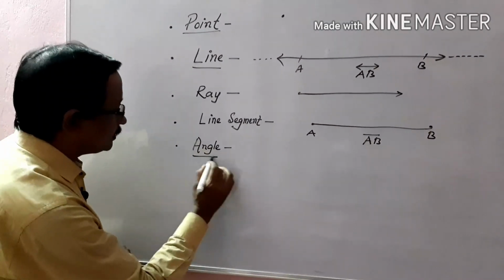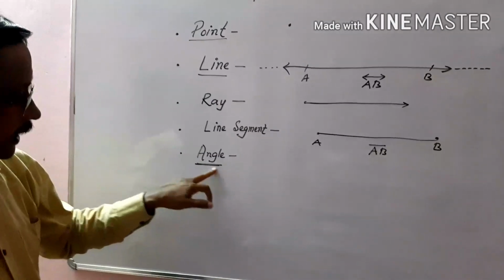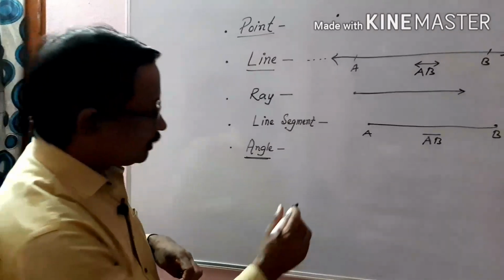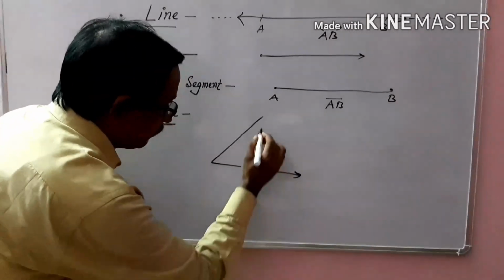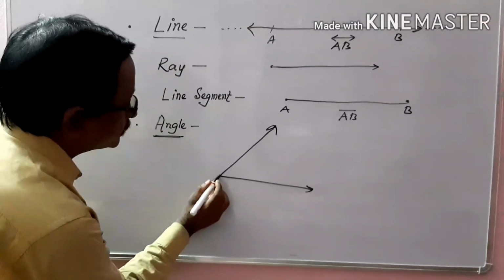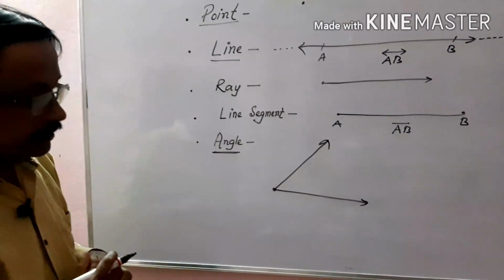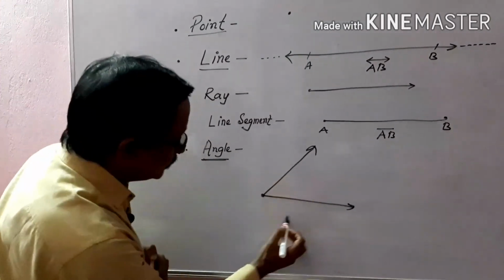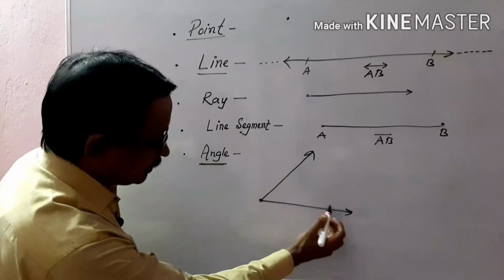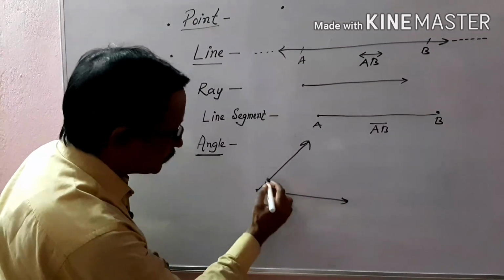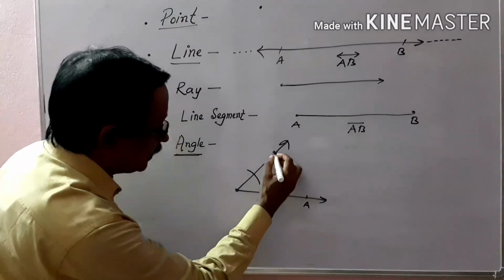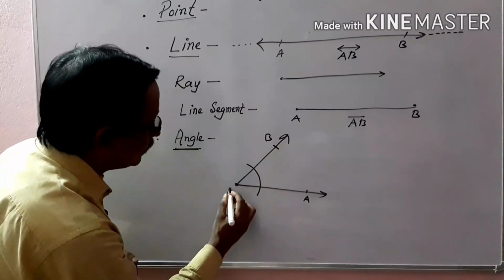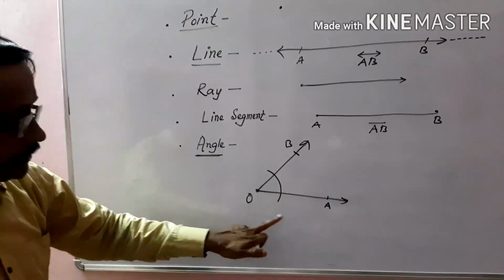Now, very important, the angle. An angle is made of 2 rays. I am drawing this figure. Having 2 rays, you see one common point, which indicates an angle. One common point, 2 rays. So this one is an angle. This point is A, this one is B, and this one is O. How do you write this angle?